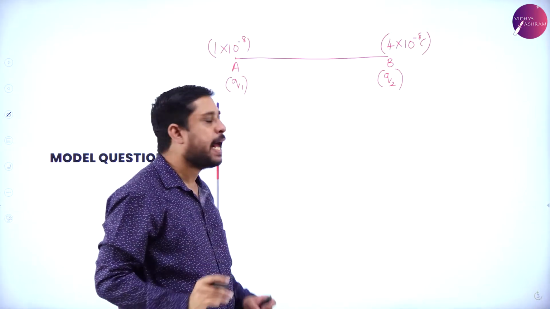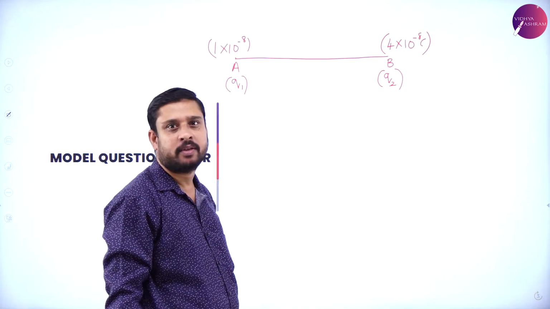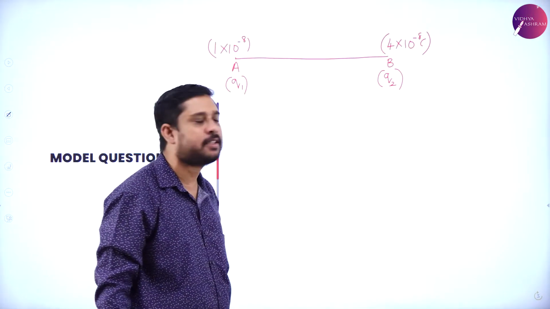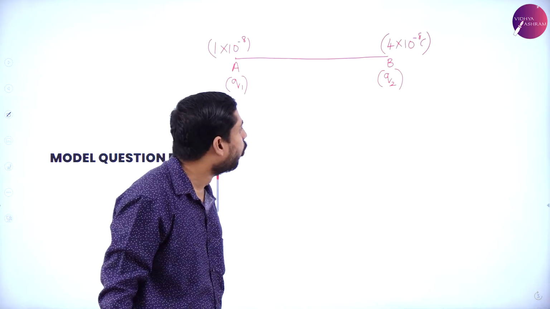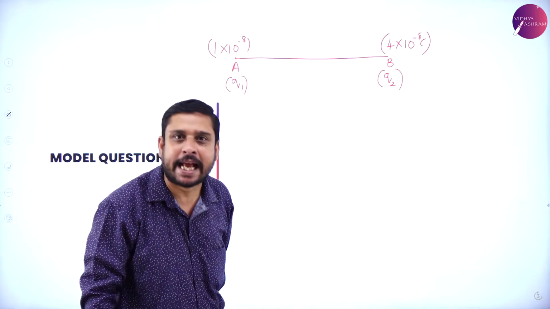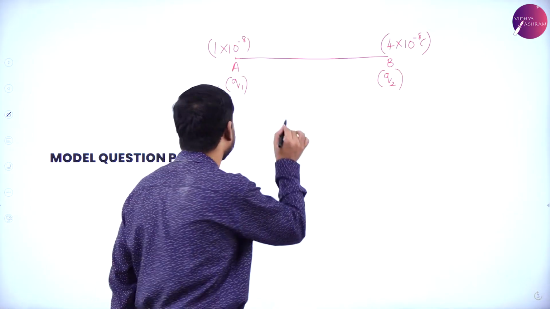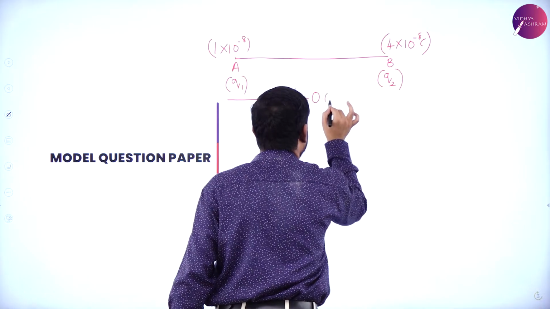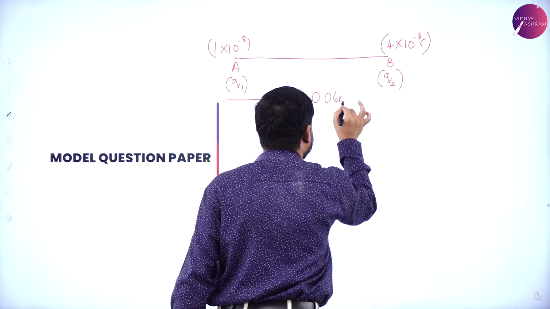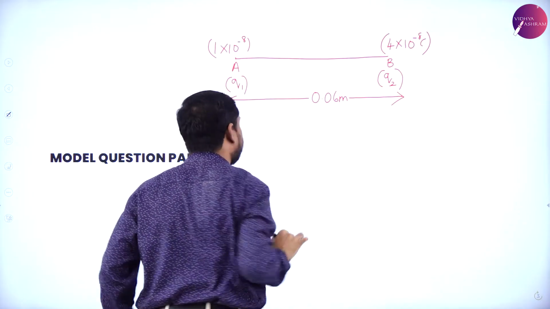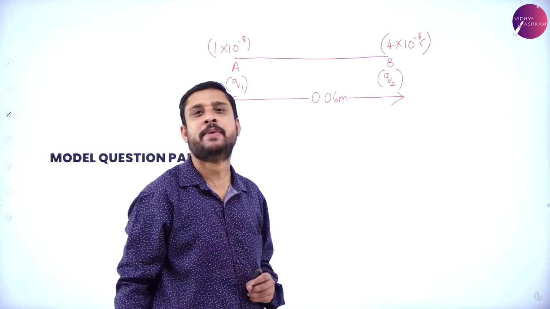So Q1 has a magnitude 1 into 10 power minus 8, Q2 has a magnitude 4 into 10 power minus 8, and they are separated by a distance of 0.06 meter.